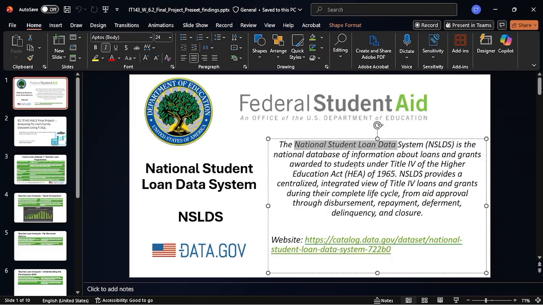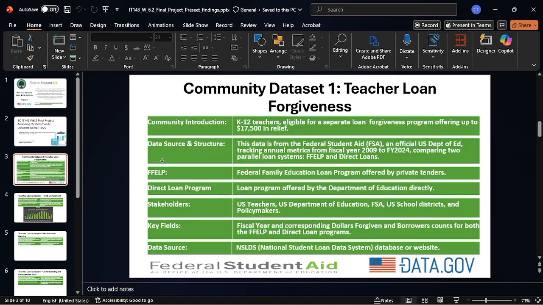This is the national database of information about loans and grants awarded to students under the USA legislation. Okay, let's dive into our analysis, and I will begin with the teacher loan forgiveness.